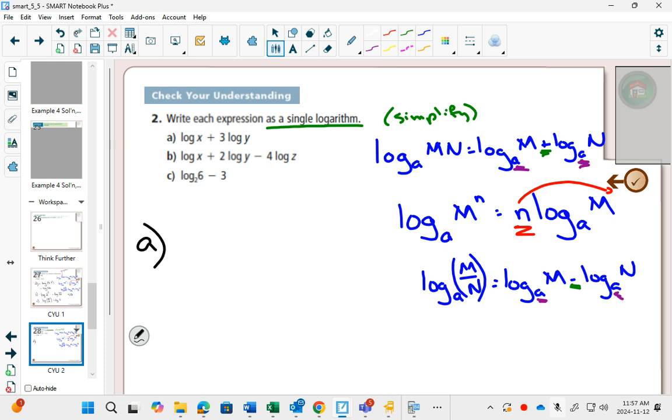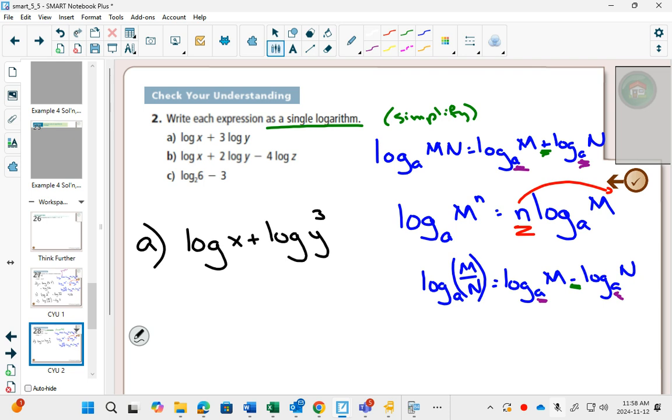Is there a log law that would get rid of that problem of that 3? Yes. Log law number 2 that we wrote here says that if you have a number in front, why not throw it in as an exponent? So if I did that in A, I could rewrite this as log x plus log y cubed.